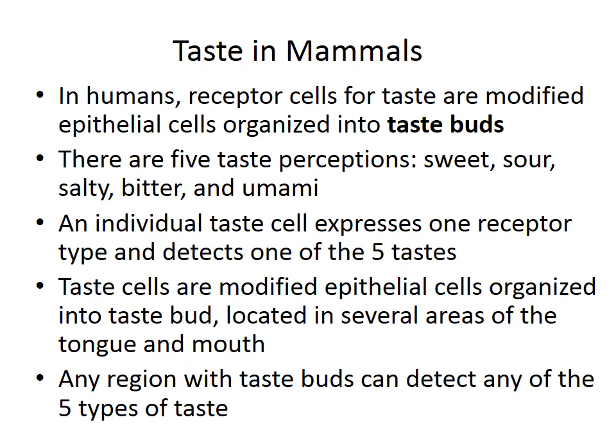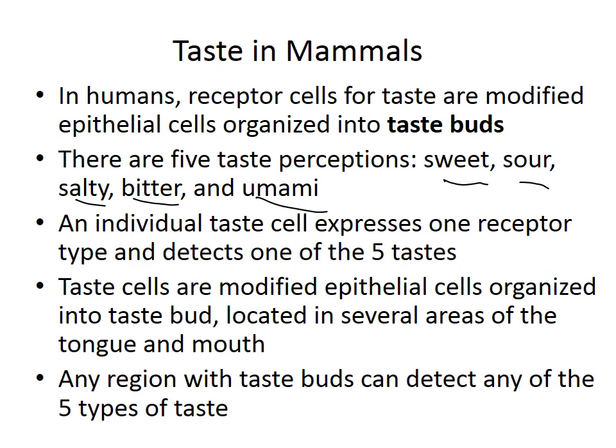In humans, receptor cells for taste are modified epithelial cells organized into taste buds. There are 5 taste perceptions: sweet, sour, salty, bitter, and umami. One individual taste cell will express one receptor type, and it will detect one of the 5 tastes.